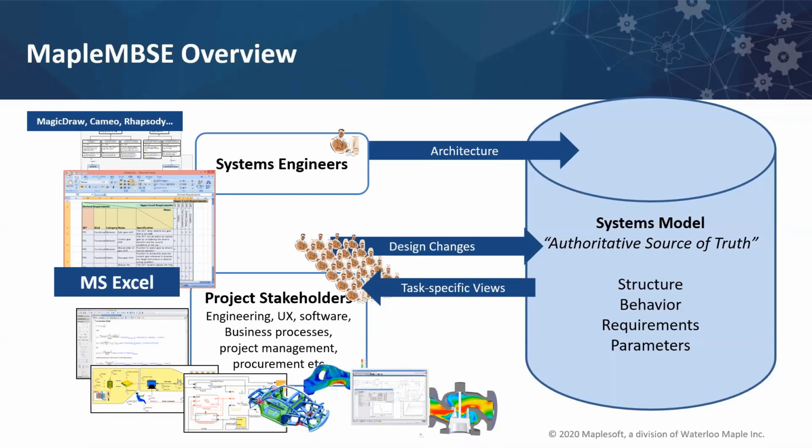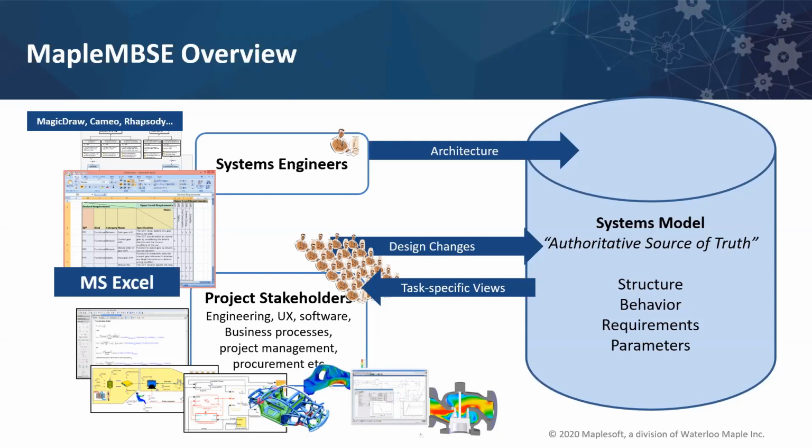It is synchronized with the whole model. You are not exporting a view and then working on it, then importing it. You are provided access to this system model through Excel. So the project stakeholders interact with the system model using tables they see in Excel. So that's what MapleMBSE offers.